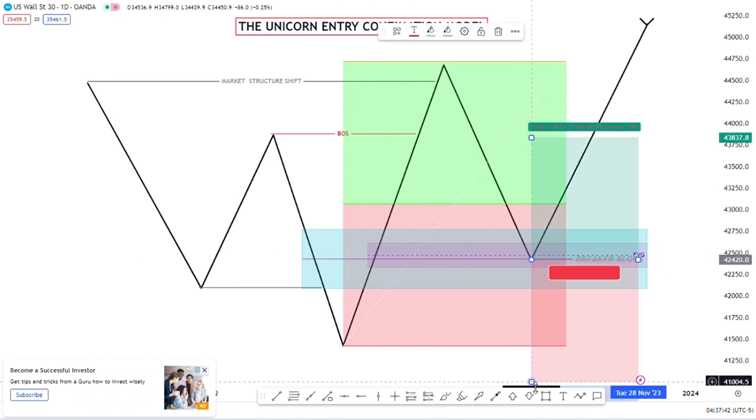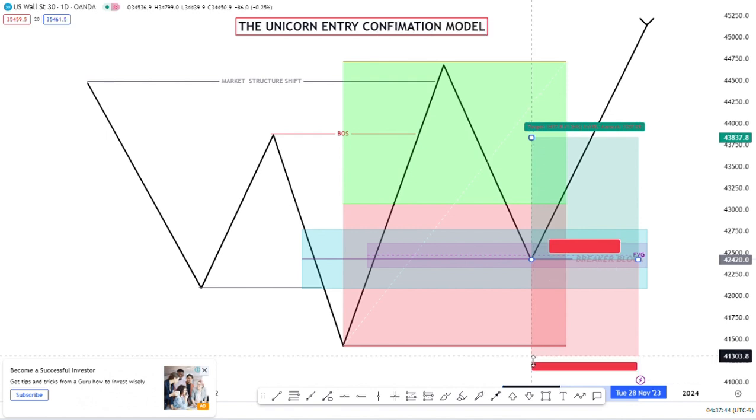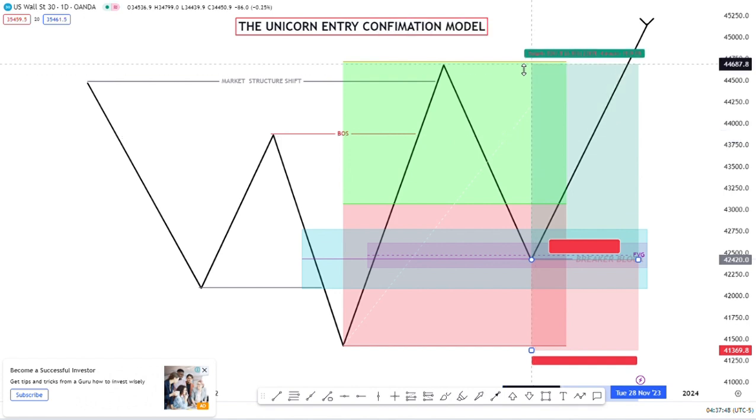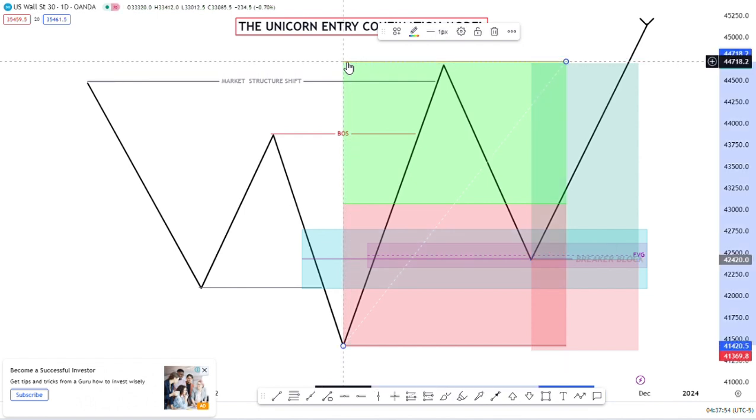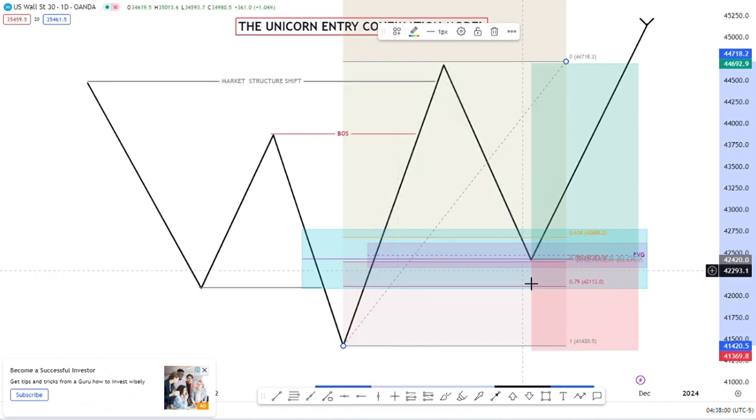You can hide your stop loss just below this low and target the high. But if you want accuracy, you can come and take the 50% here, take out your fib, then look for your OTE, your optimal trade entry.